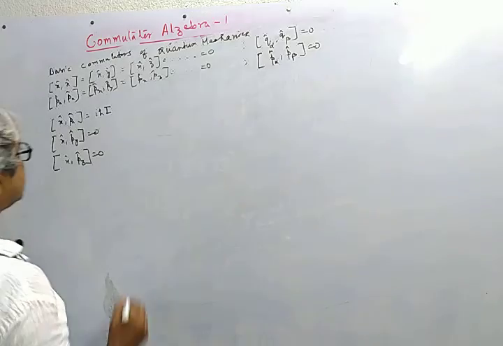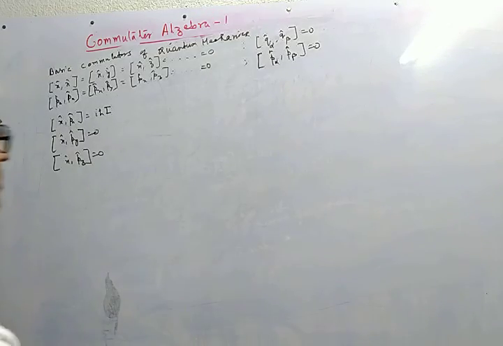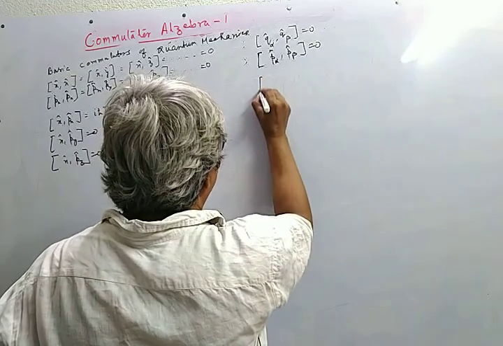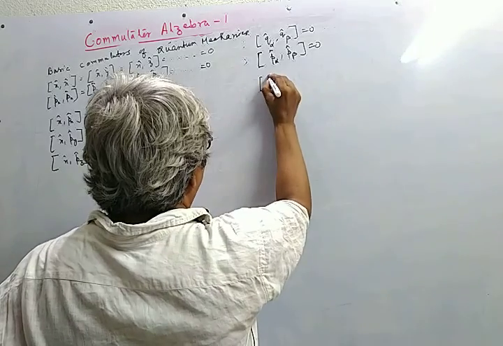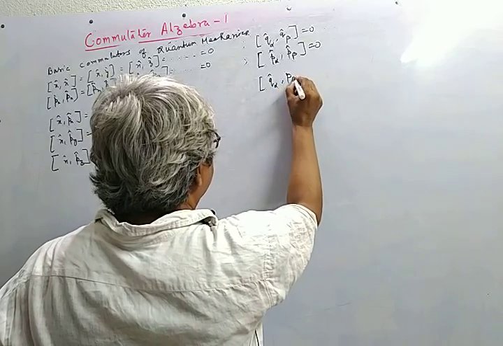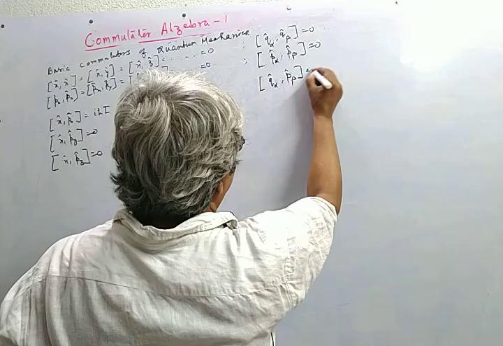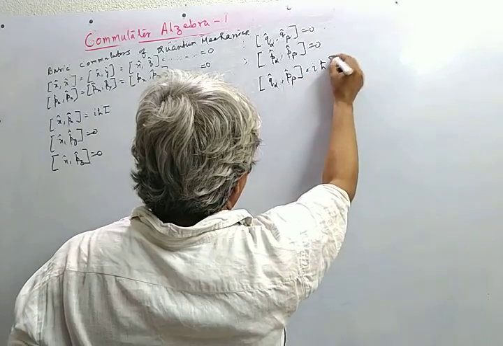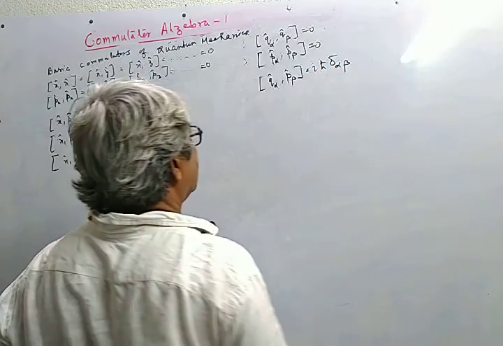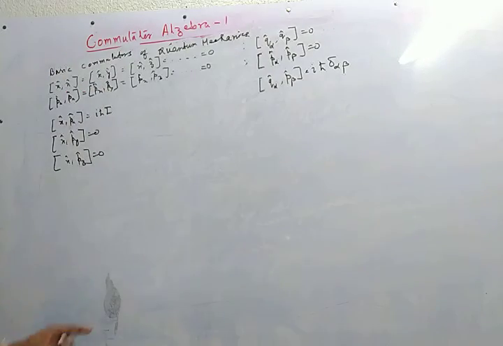There are other 6 relations of this sort which can be written as the commutator of q alpha and p beta equal to i h cross delta of alpha beta. So these are the basic commutator relations.